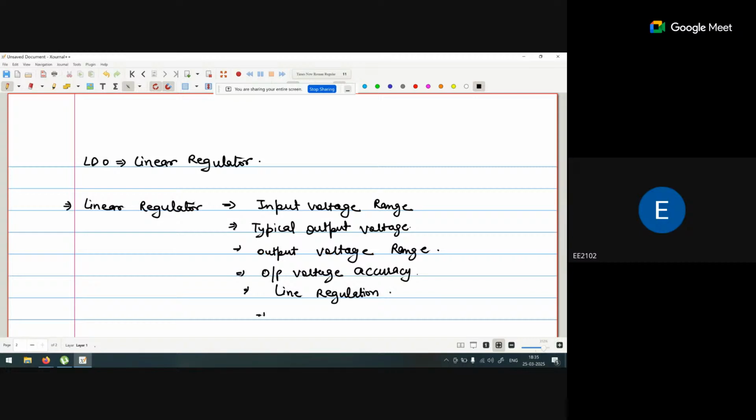Then load regulation. And the last one is the quiescent current.